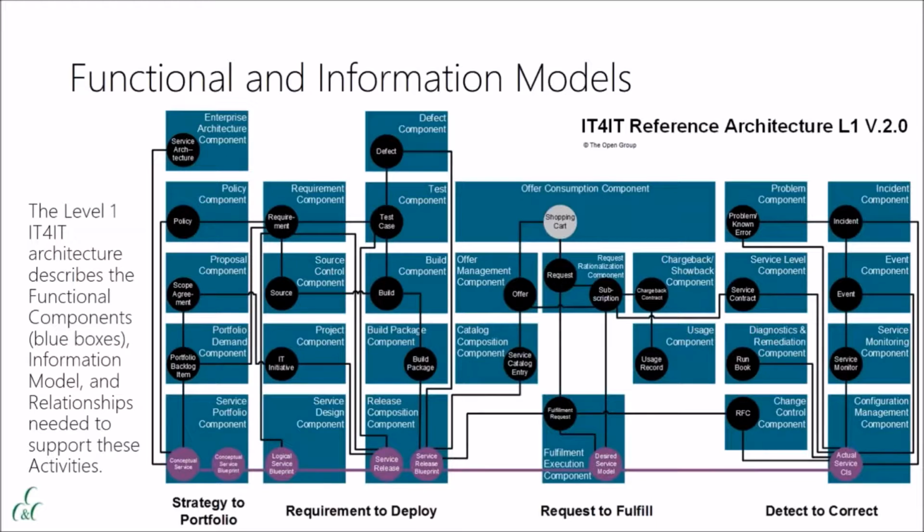This is the level 1 architecture picture. It describes a set of functional components, which are the blue boxes. It describes the information model as dots and lines, if you like.